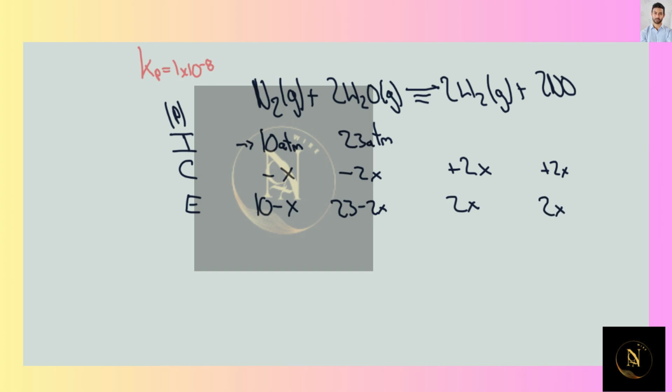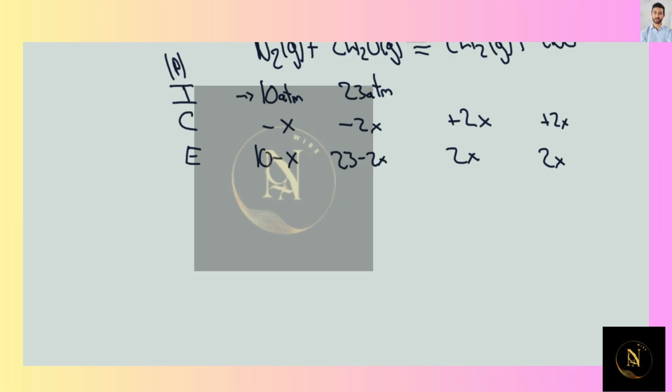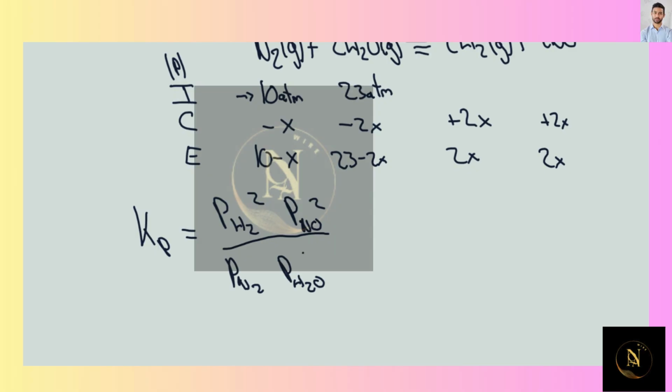So now the only thing that we need to do is go ahead and write down our pressure equilibrium constant, the value for Kp. The Kp is going to be equal to pressure of hydrogen squared times pressure of NO squared divided by pressure of nitrogen times pressure of water squared.